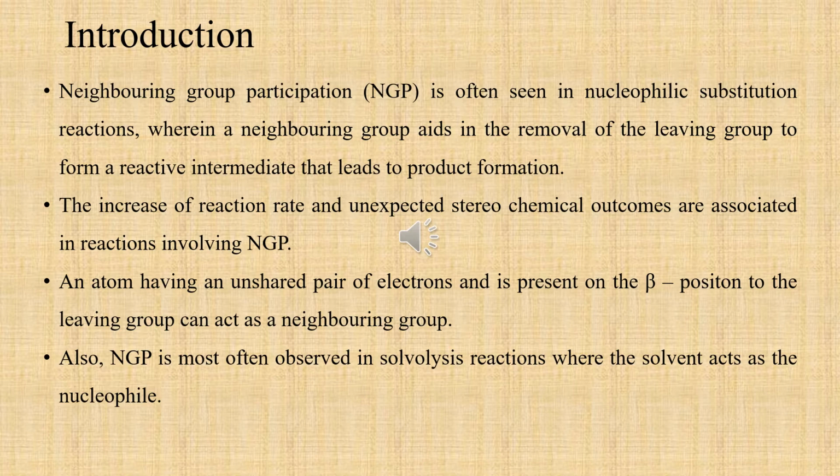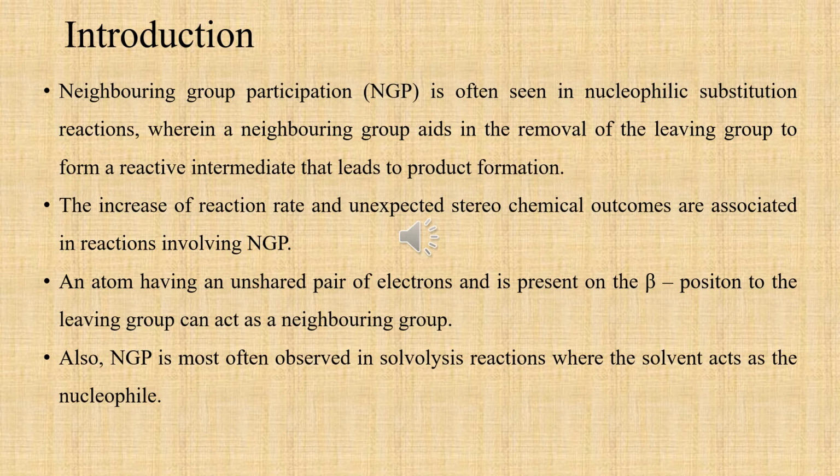Neighboring group participation is often seen in nucleophilic substitution reactions wherein a neighboring group helps in the removal of the leaving group to form a reactive intermediate that leads to product formation. The increase of reaction rate and unexpected stereochemical outcomes are associated with reactions involving NGP.